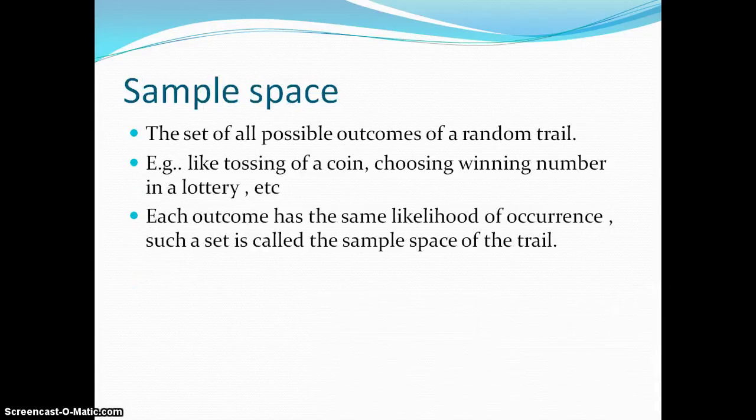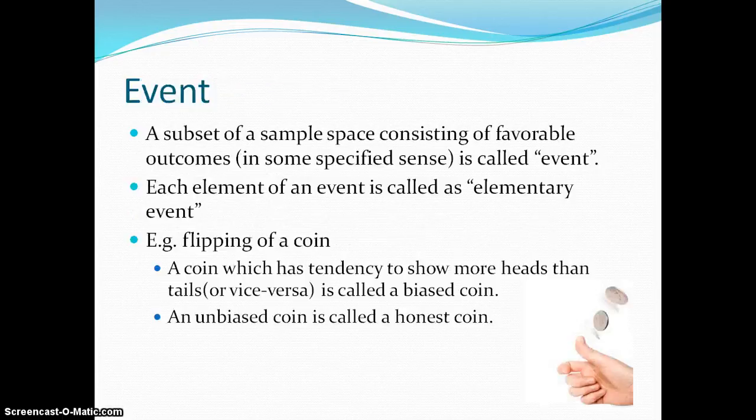Now, next we are going to discuss the sample space in detail. The set of all possible outcomes of a random trial, like tossing of a coin, or choosing the winning number in a lottery, where each outcome has the same likelihood of occurrence, such a set is called the sample space of the trial. Next we'll move on to the event: a subset of the sample space consisting of the favorable outcomes in some specified sense is called an event.